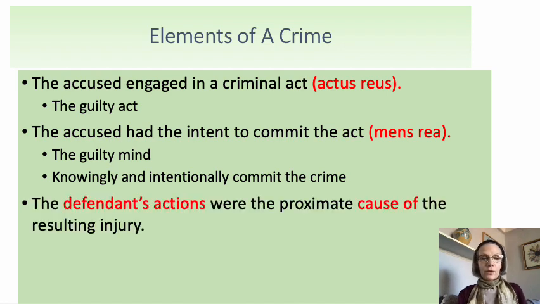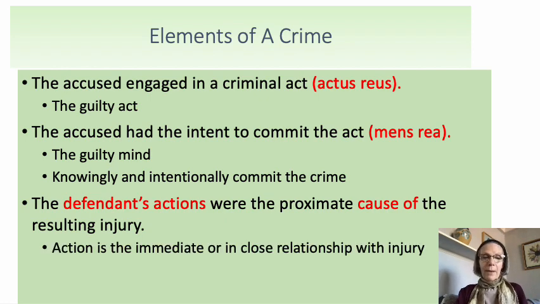We also talked last week about how you have to prove or refute that the defendant's actions were the close or the immediate cause of the injury. Because when a criminal act is associated with harm, you have to prove that the harm was caused by the criminally accused, or raise doubt about that.